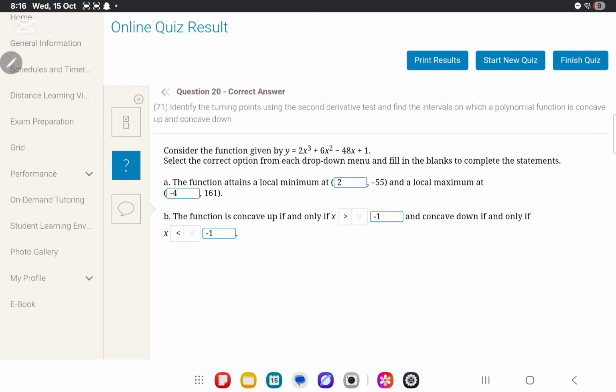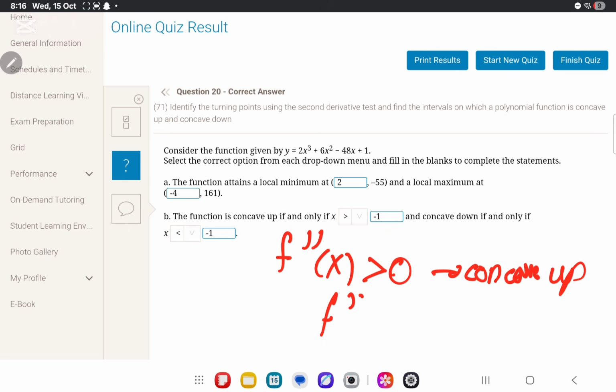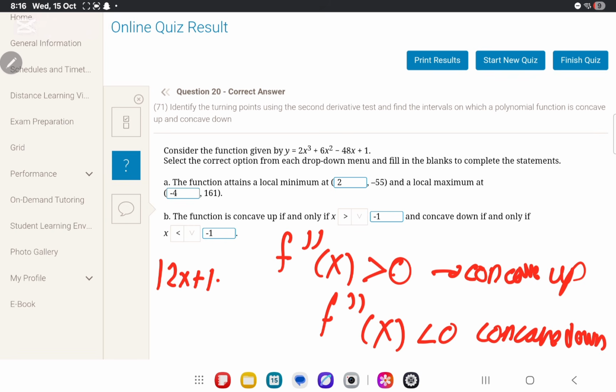Now, how do you find concavity? If f double prime of x is greater than 0, concave up. If f double prime of x is less than 0, concave down. You just memorize it. So what was y double prime? 12x plus 12, right?